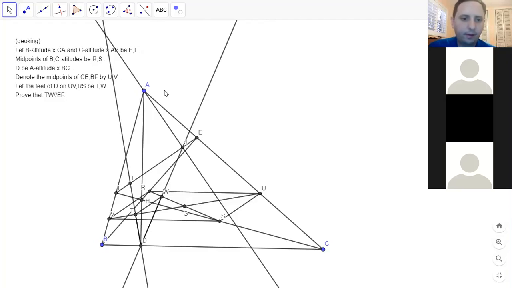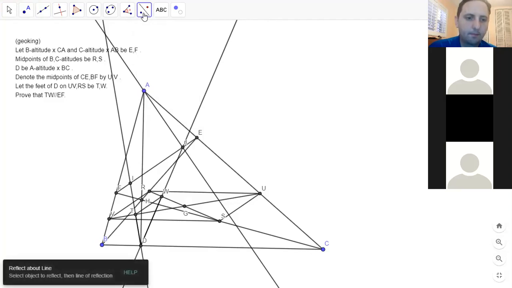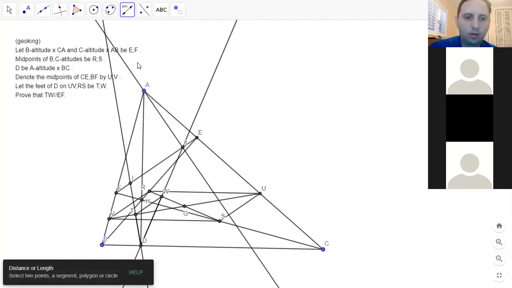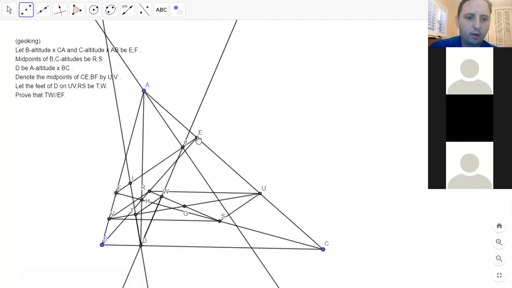Is IF equal to JE? Let's see. Yes, that is true, but if this were true, all the other things. Because that is like the in-center, ex-center stuff.